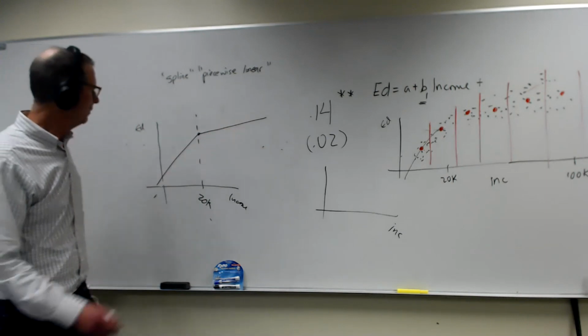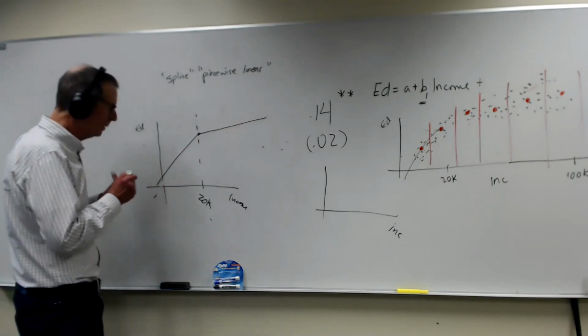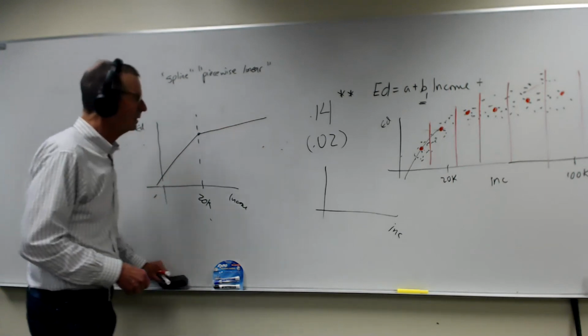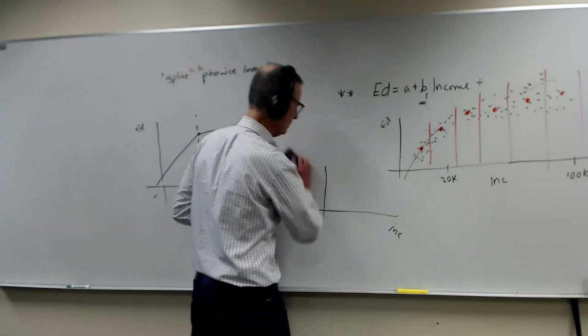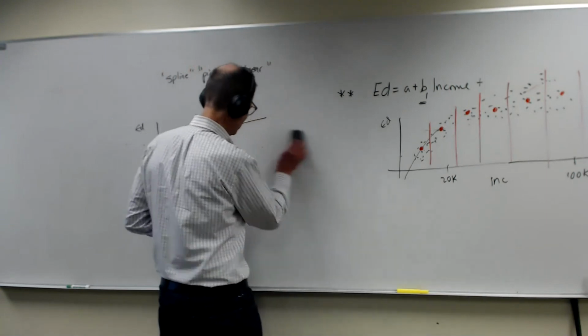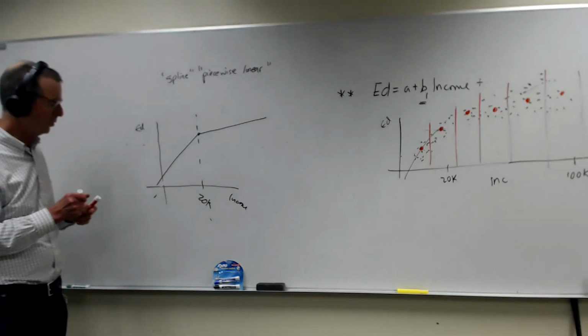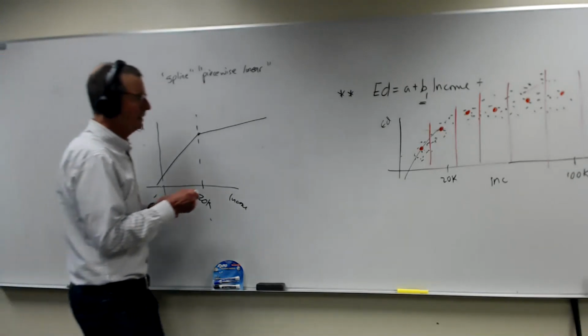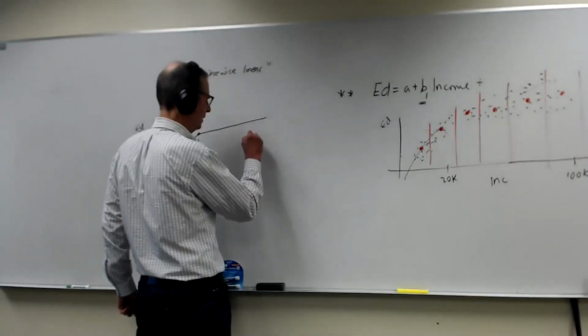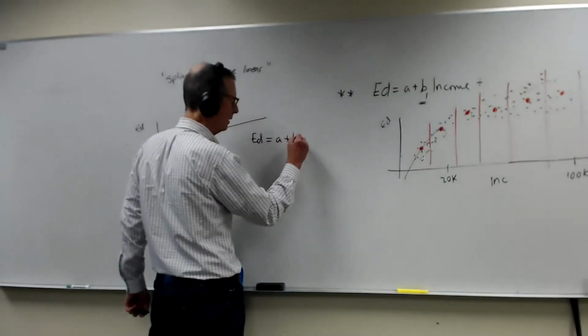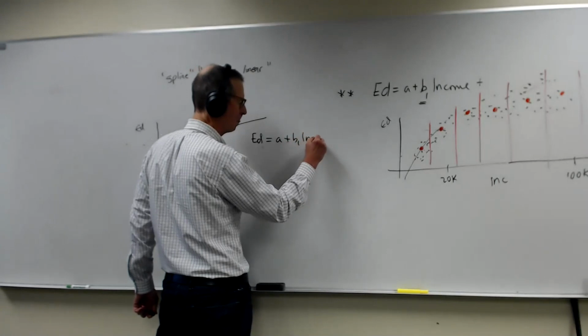Okay, so how can you do that in a simple regression context? Well, it turns out there are various ways of tricking regression to bend it to your will. And in this case, if you fit the equation, education is a function of income.